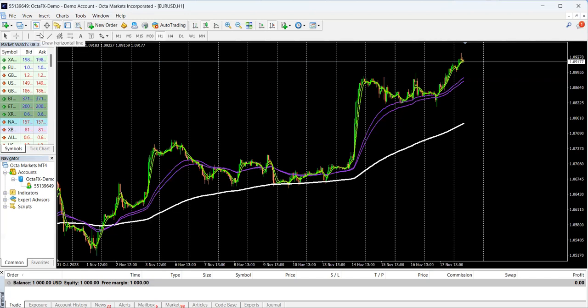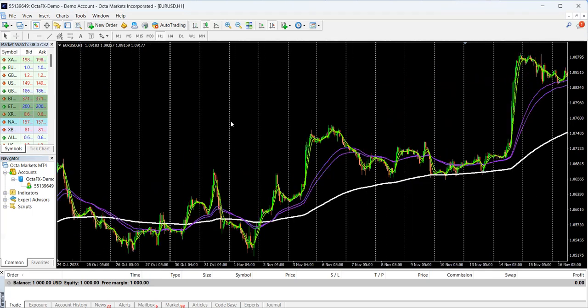So looking at this chart, before I go ahead to pick that, what we are looking at typically is this. When our setup forms above this EMA 200, we only look forward to buy trades.